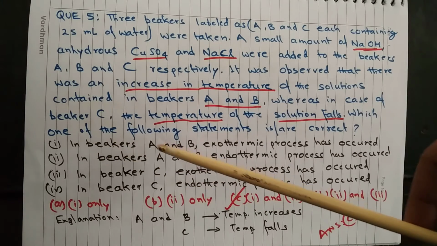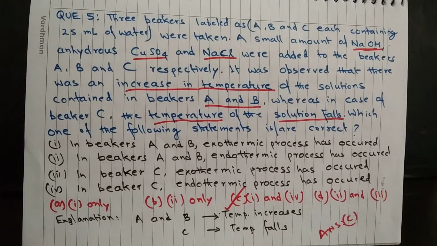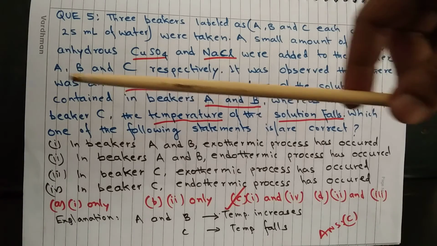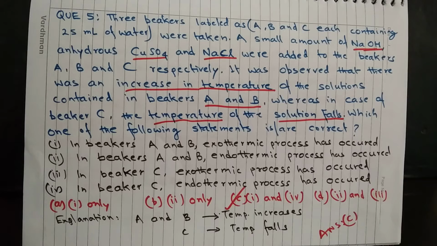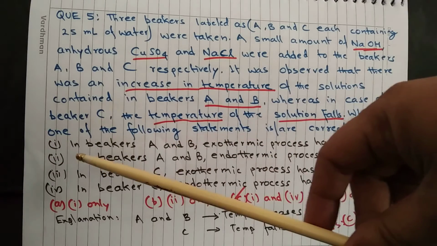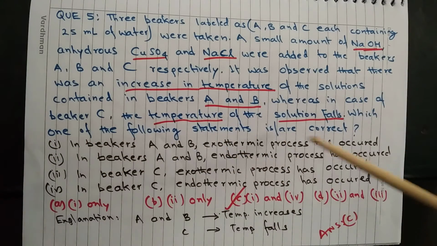Number 1 is, in beakers A and B, endothermic process has occurred. The statement says that in A and B there is an increase of temperature, so this is an exothermic process. So the statement that in A and B exothermic processes occurred is true.